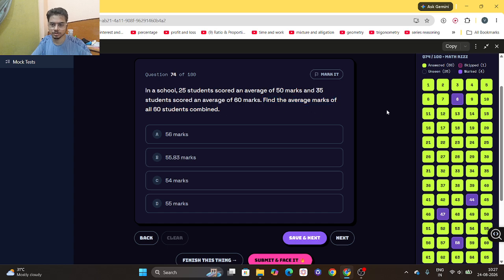Find the average marks of all 60 students combined. 25 into 50 is 1250, and 35 into 60 is 2100, total 3350, divided by 60.